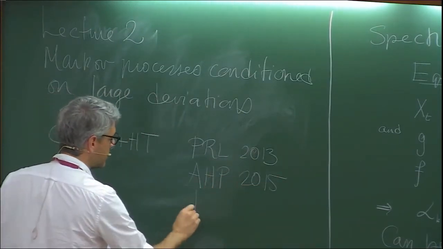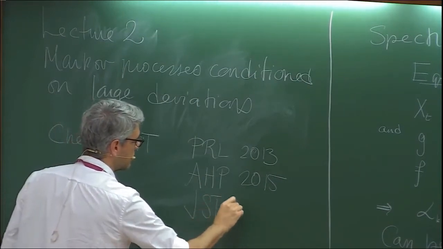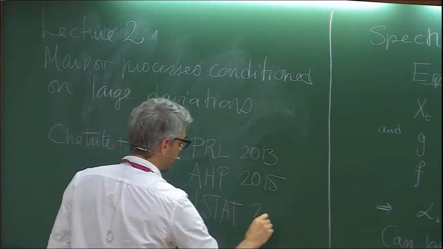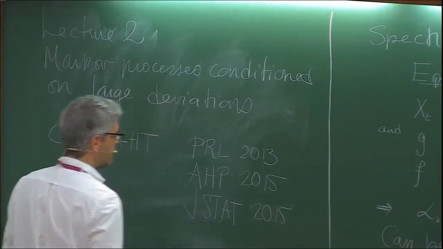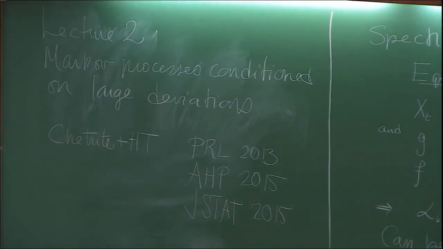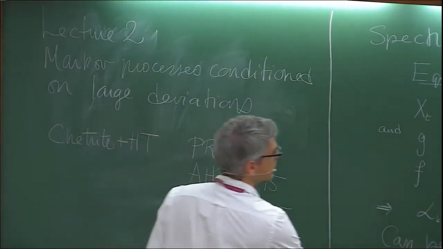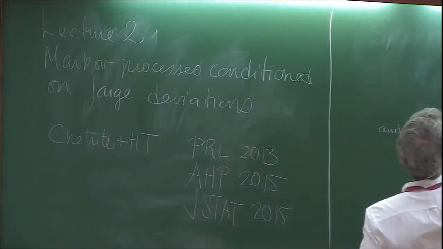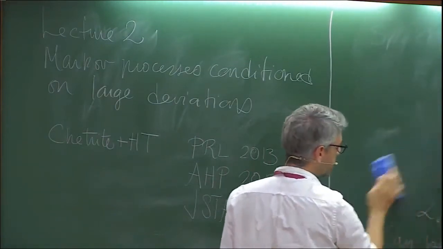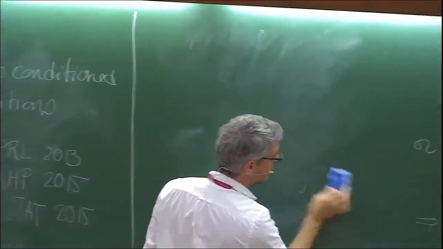And I'll be mentioning some new results on control theory, which comes from a Journal of Statistical Mechanics paper, 2015 too. Okay? So the problem is a conditioning problem, but I can define the problem in many different ways. I'll just try to explain what the problem is about, and then why it's actually a conditioning problem.